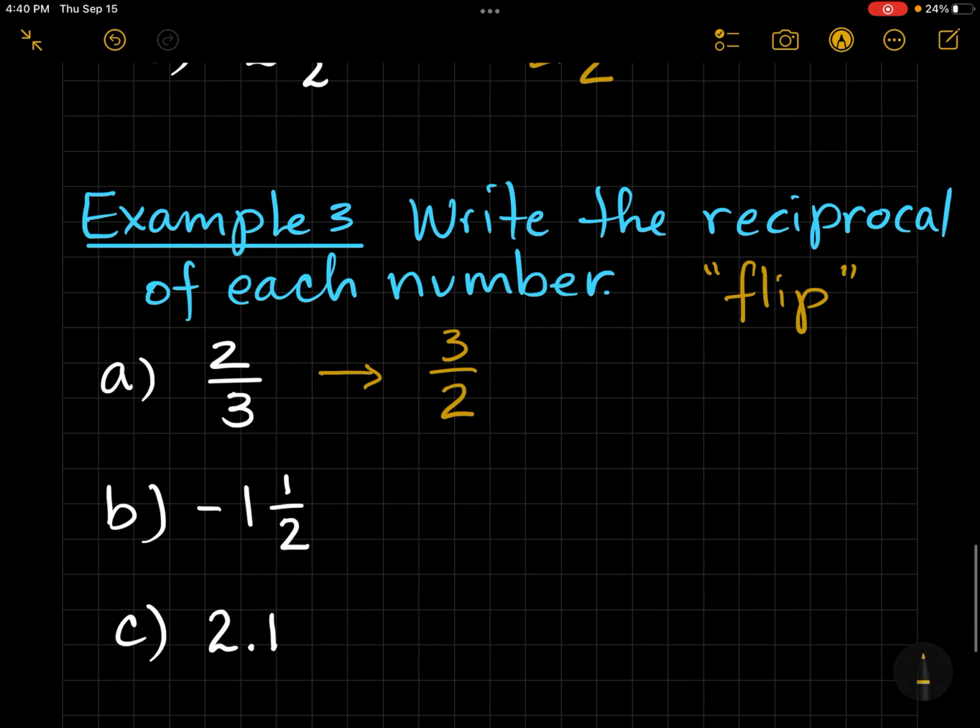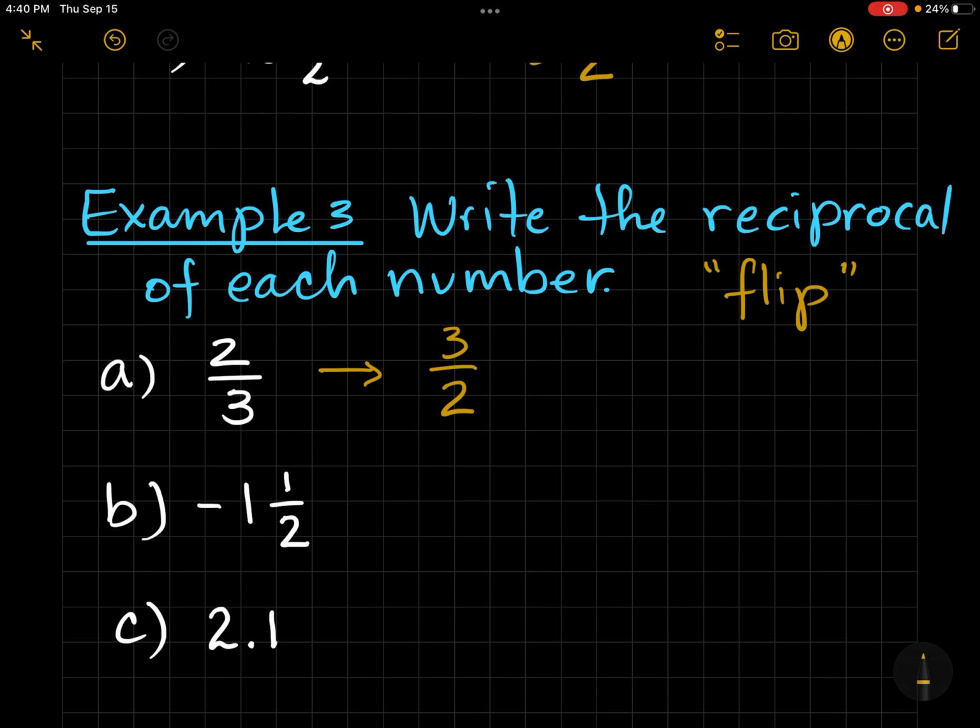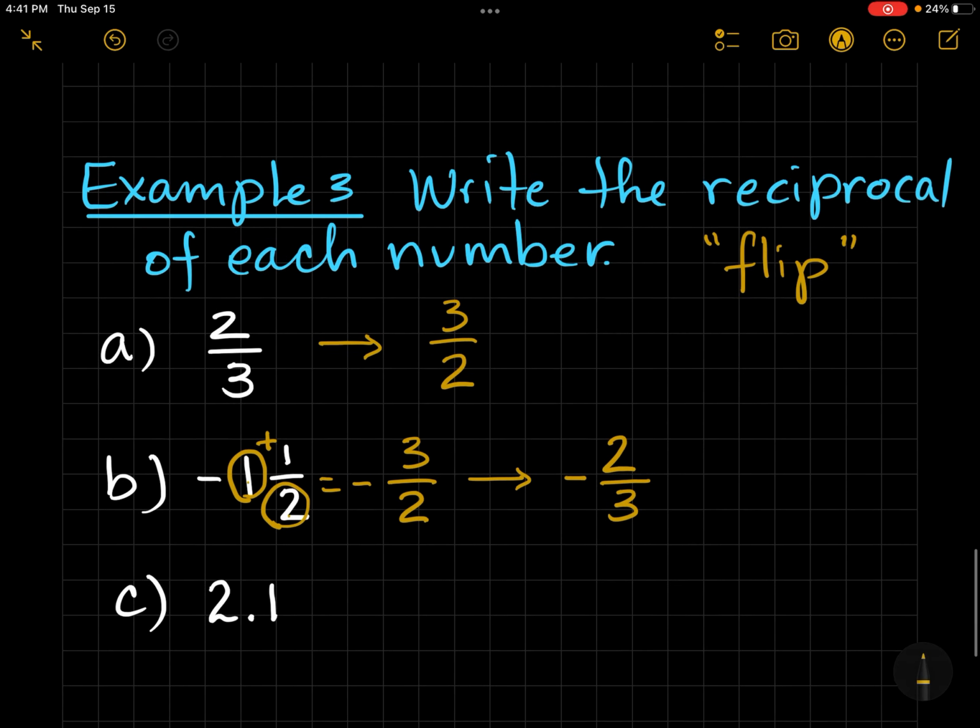Now here, before I can flip a fraction, I need to write it in rational form. So remember, we multiply 2 times 1 and add 1. So 2 times 1 is 2 plus 1 is 3. So this is equal to -3/2. And now I'm going to flip it. Notice my number still stays negative. Just flip it. So that's the reciprocal.